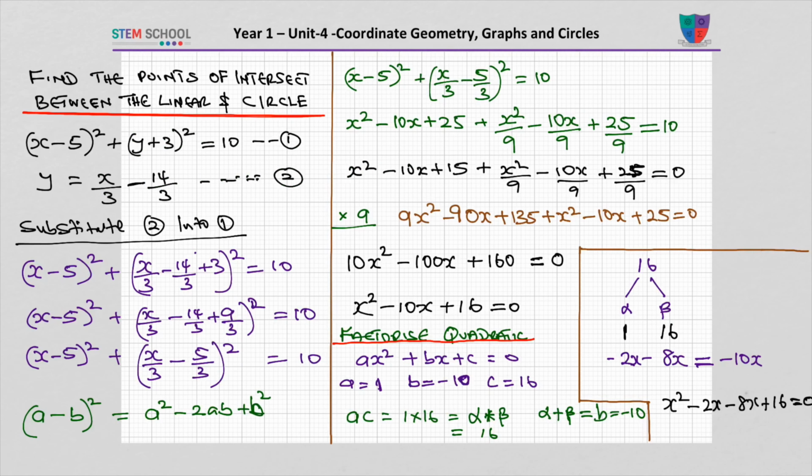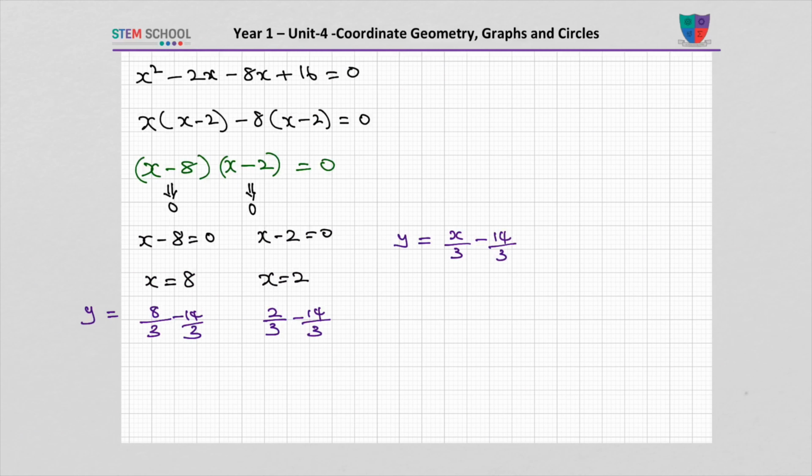I also know that y in equation 2 equals x over 3 minus 14 over 3. So that's y equals x over 3 minus 14 over 3. Therefore, when x is 8, y equals 8 over 3 minus 14 over 3, which gives minus 6 over 3, which is minus 2.